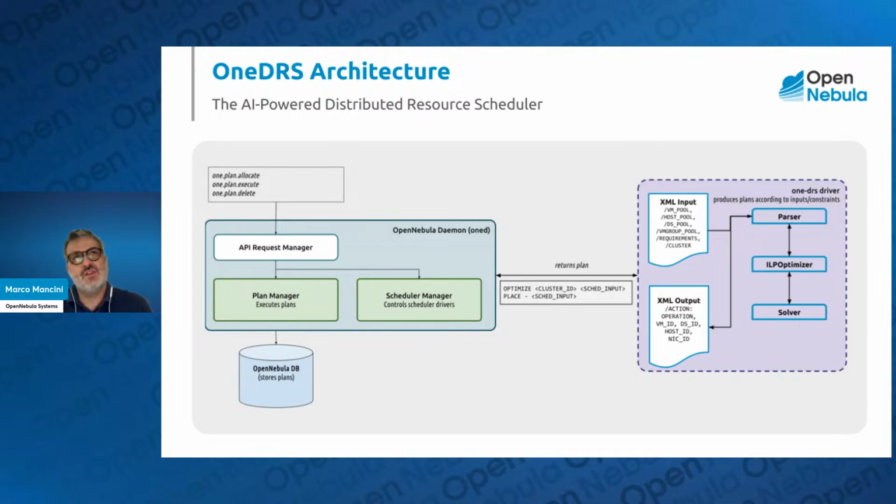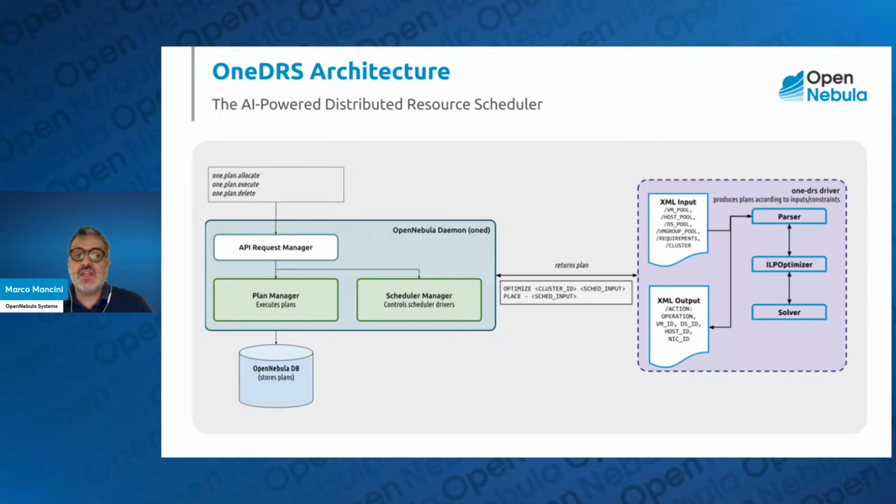We use an integer linear programming approach. So we build a model with all the different constraints. We take into account all the constraints, so we can take into account affinity also. The only thing that is not supported, that will be implemented later, is about NUMA nodes, but we take into account everything: data stores, networks, disks, and all the kinds of constraints we have.